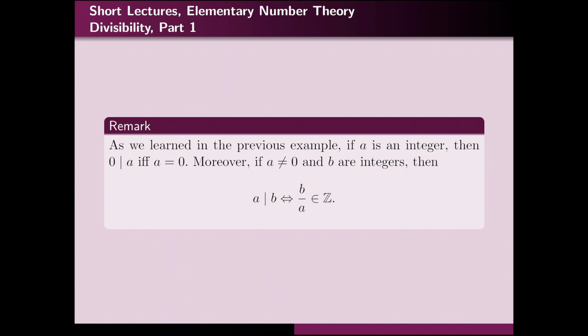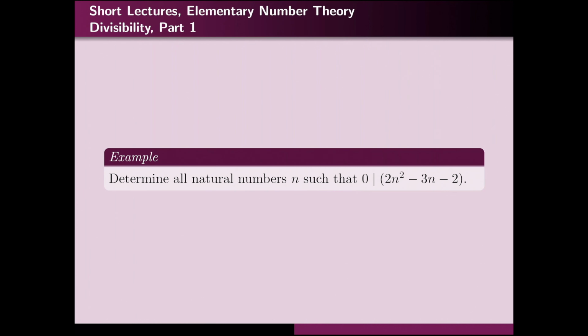So if you already know that a is non-zero and you want to prove this for integers a and b, equivalently, you can set up the fraction whose numerator is the right side and the denominator is the left side and prove that this fraction is an integer. So that's an alternative way of proving that a divides b is a true statement. Okay, let us do another example.